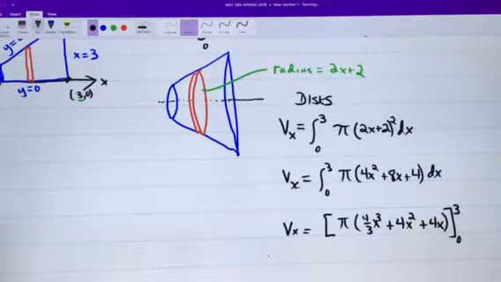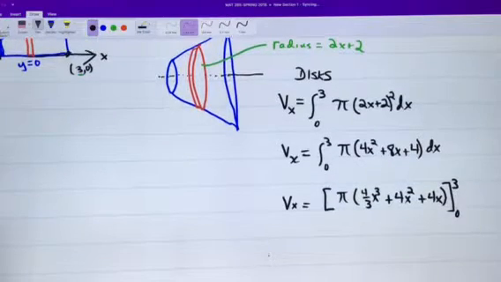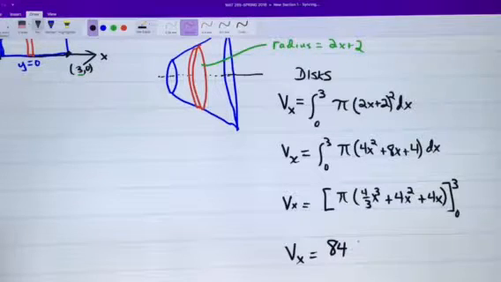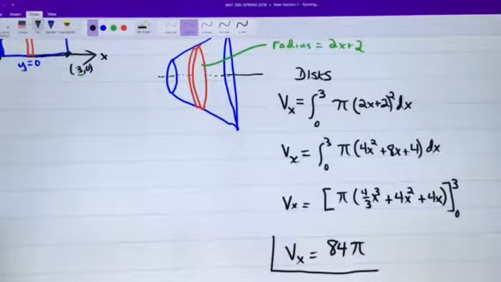For the volume generated about the x-axis, everything is going to be riding upon the upper limit. Plugging in the value of 3 and leaving it as a multiple of pi, the volume generated about the x-axis ends up at 84 pi cubic units.